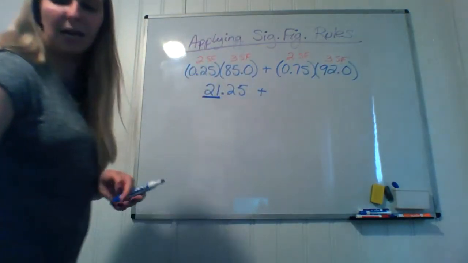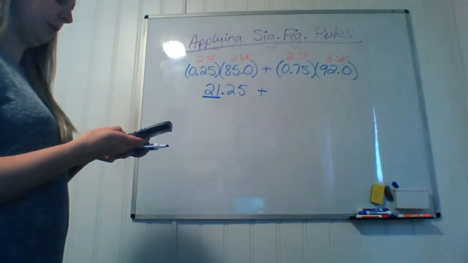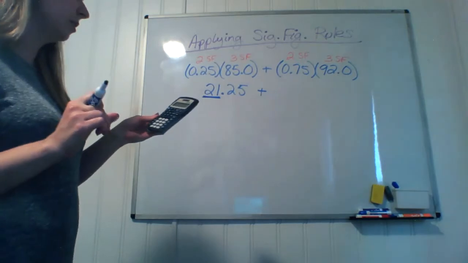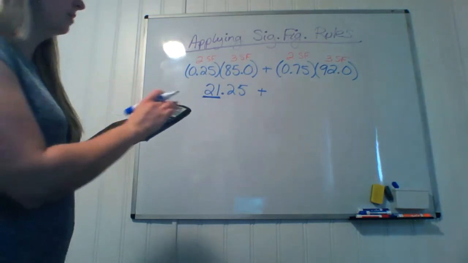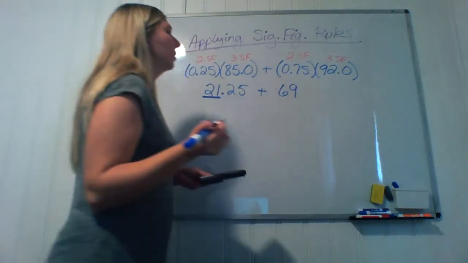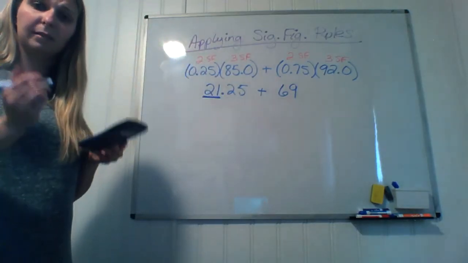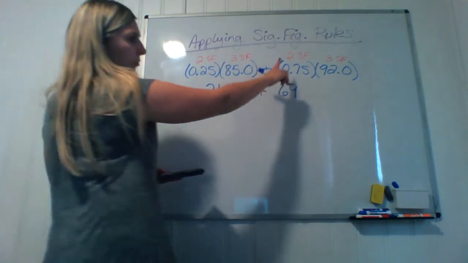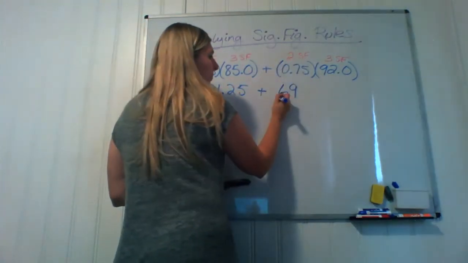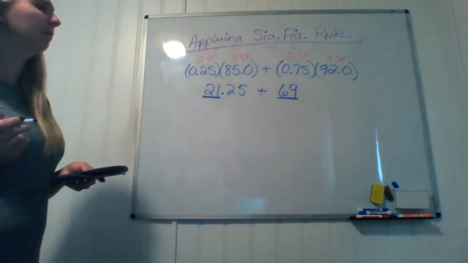And now when we do the math in our calculator, 0.75 times 92, what the calculator gives you is the number 69, okay? That's what the calculator gives you. And now you want to ask yourself, how many digits are going to be significant? According to the least number of significant figures, it's 2. So both of these numbers will be significant to your calculation.